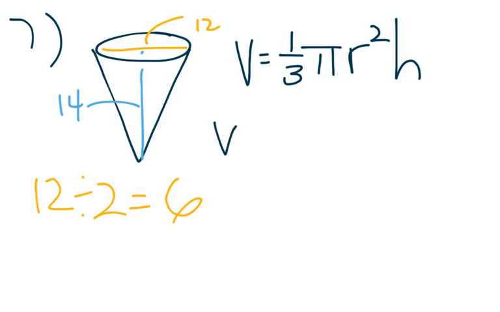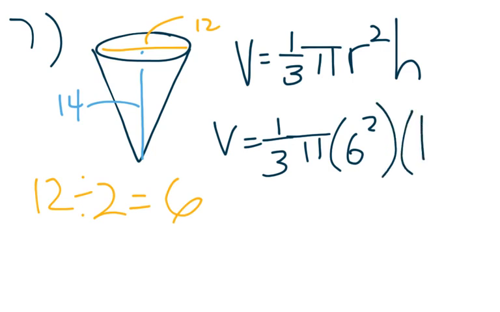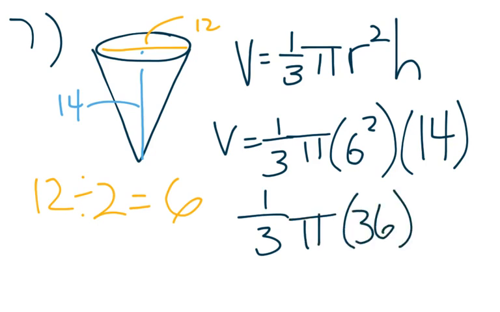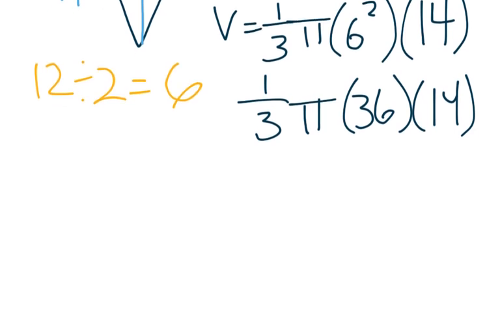So volume equals 1/3 pi times 6 squared times the height, which is 14. So 6 squared is 36, and then we want to multiply that with 14, so 36 times 14 is 504.